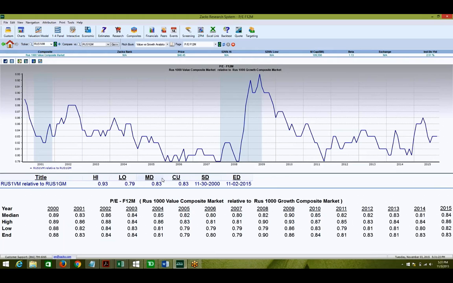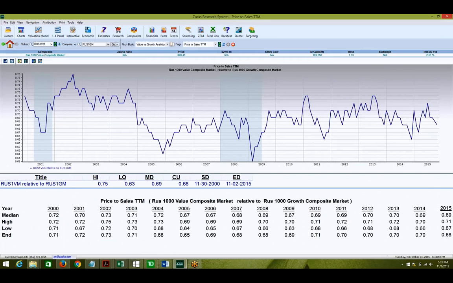If we look back even further, we can see that the discount remains right around that ballpark. This tells us that although value stocks have significantly lagged growth stocks in total returns, and despite the fact that value stocks trade at a discount to growth, the relative valuation still does not present a compelling investment thesis for value stocks.